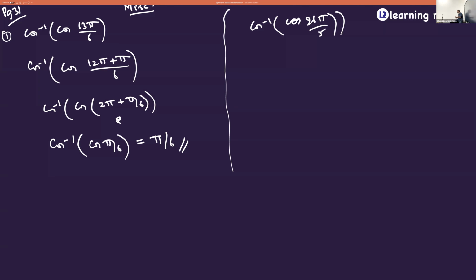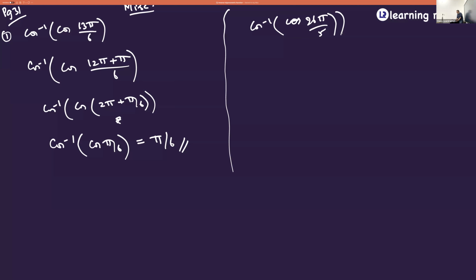Cos inverse of cos of 26 pi by 5. You wrote it as 5 pi plus pi by 5, right? What is cos of 5 pi plus pi by 5?